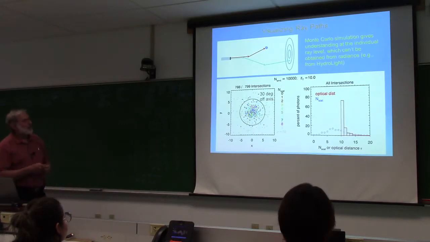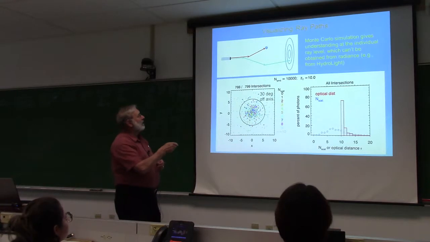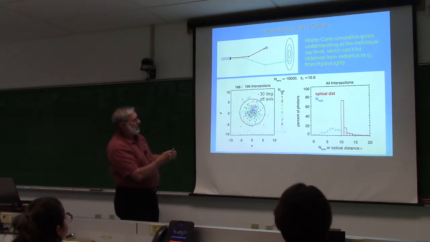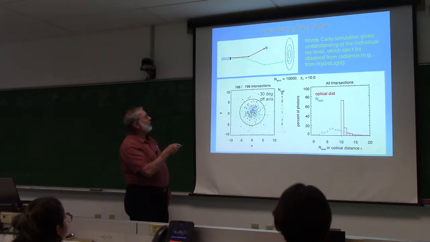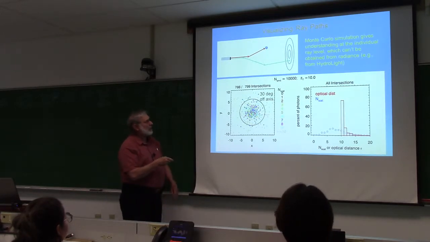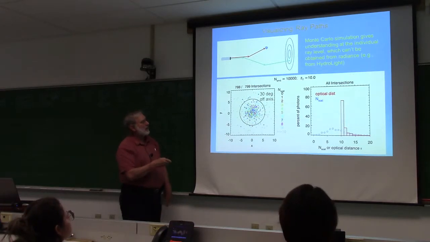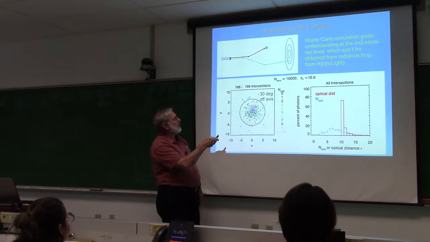Okay, here's just another view. I've sent in 10,000 photons. I guess this is 10 optical distances here from here to the target. And then I just look at where the rays hit out here. I plotted XY here.